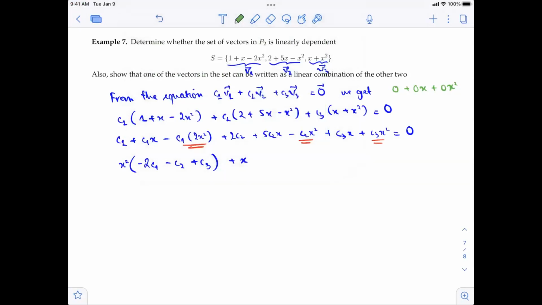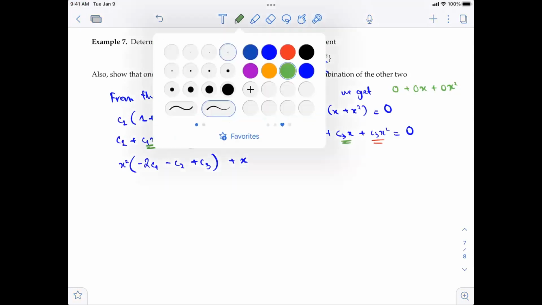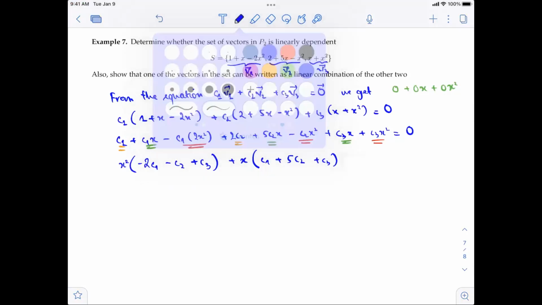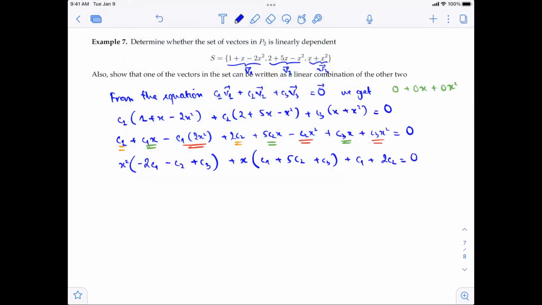The terms related to x are C1x, 5C2x, and C3x, so you get C1 plus 5C2 plus C3. And the term by itself without any x attached to it: you have C1 and 2C2, and that's it. So you get plus C1 plus 2C2 equal to 0.